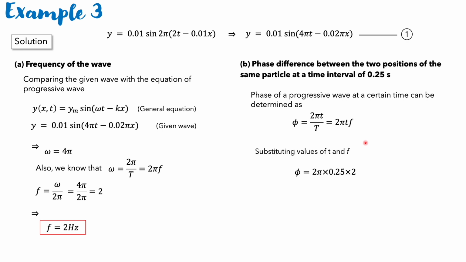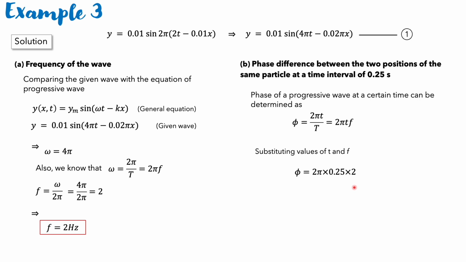Now we substitute the values of f and t. The time difference is 0.25 seconds and the frequency is 2 hertz. So in 2 pi as it is, t is 0.25 and f is 2 hertz, right?